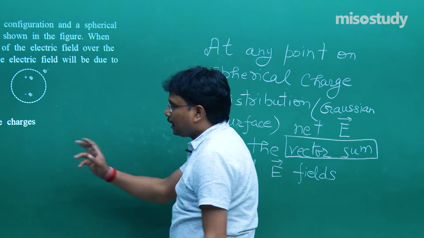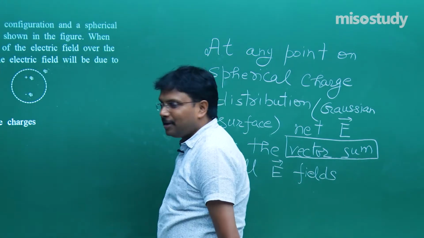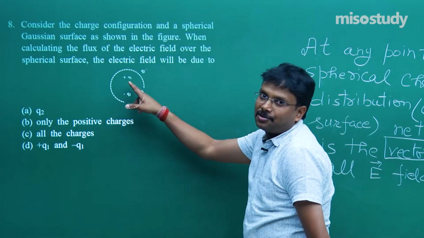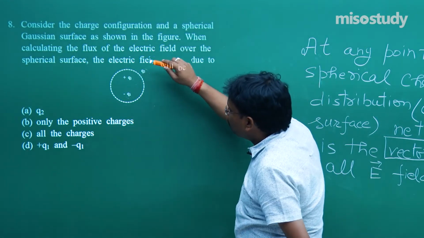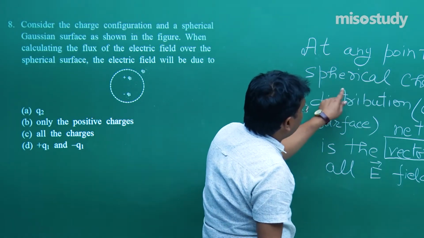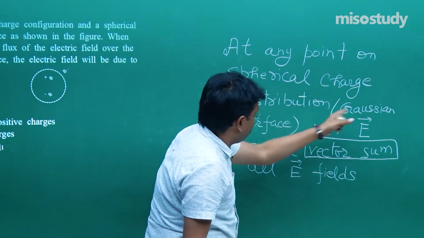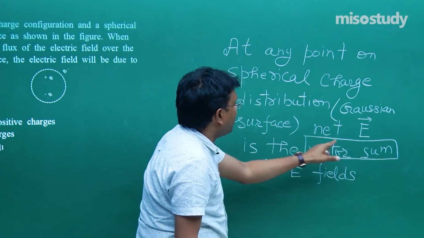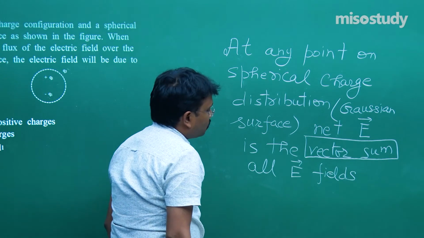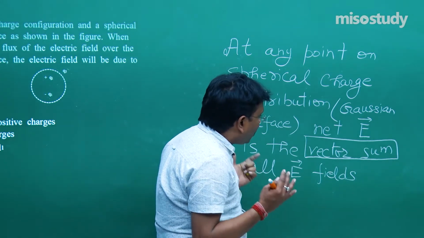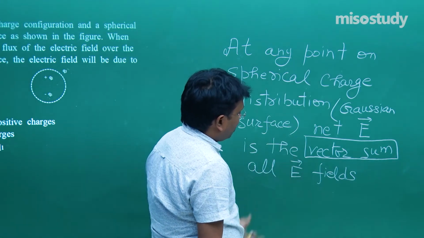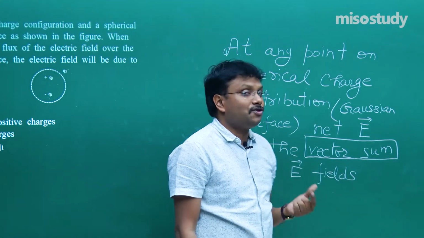So the correct answer is only the positive charges? No, for all the charges. Because for this charge you may also create a Gaussian surface, and that's why I mentioned at any point on a spherical charge distribution, that is Gaussian surface, net electric field is the vector sum of all electric fields. So don't get confused in this explanation with the electric flux, which is 0.